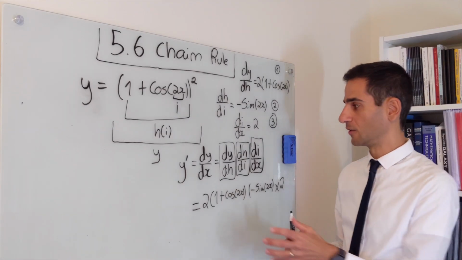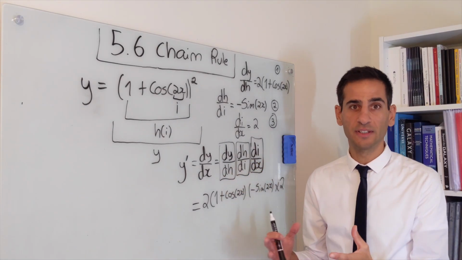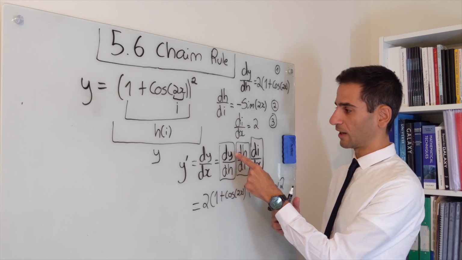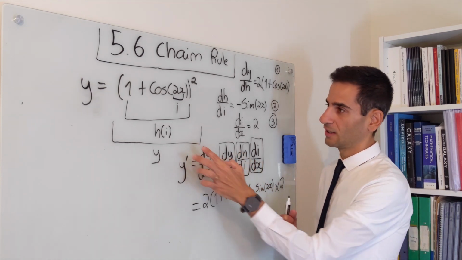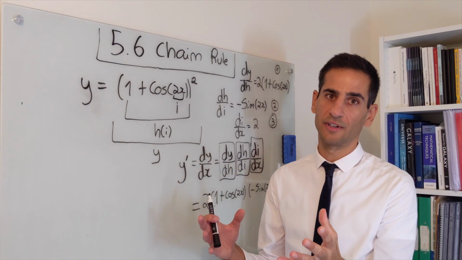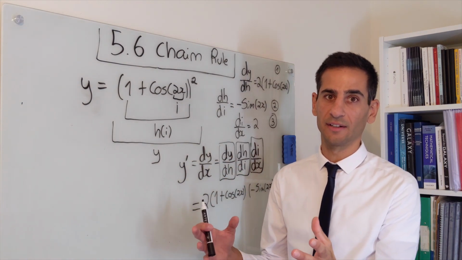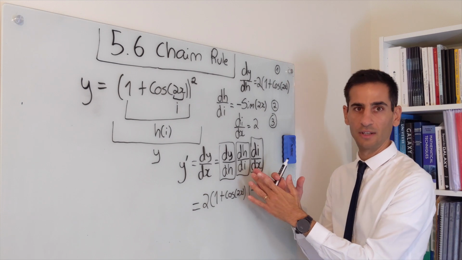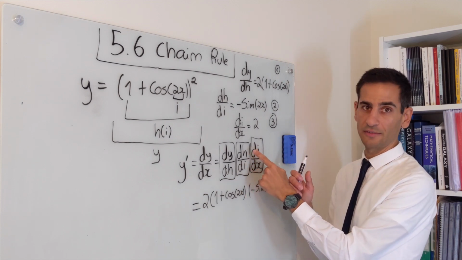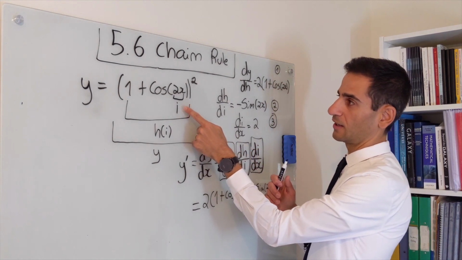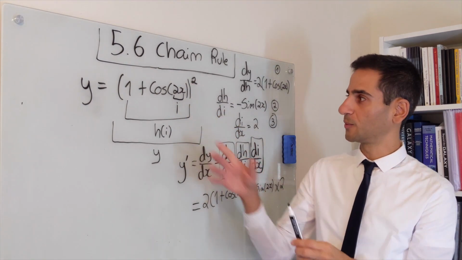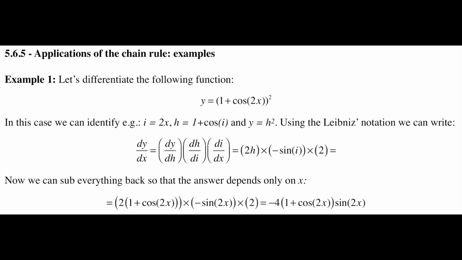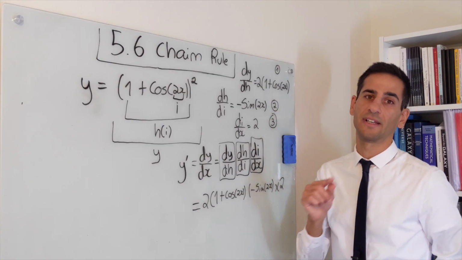The big secret though is to identify within Leibniz notation that when you're calculating the derivative of y with respect to h, then h becomes the variable and you ignore anything else. And then you move along. When you're calculating a derivative of h with respect to i, then this is a variable. Sometimes it is helpful to explicitly have it like this, and then you substitute it back later on, or you can do it straight away, just like I did.